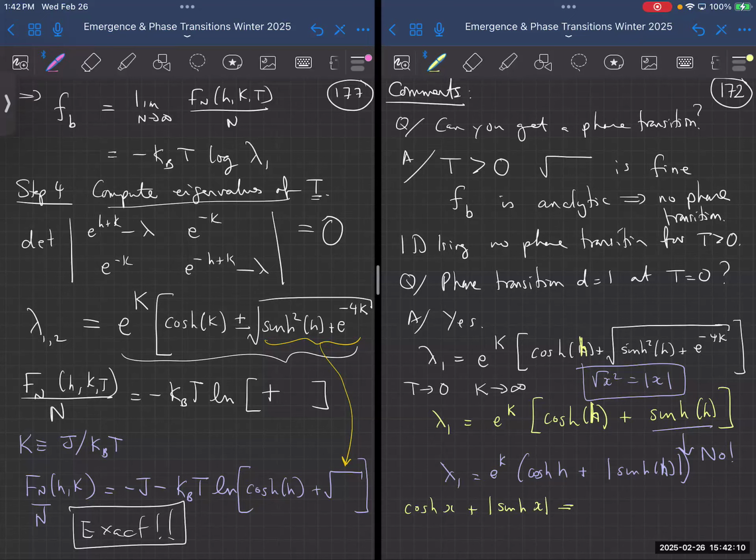That is e to the x plus e to the minus x, all of that. What is that equal to? You look at the two cases, it's actually e to the absolute value of x. So that says that actually lambda 1 is e to the k plus the absolute value of h.